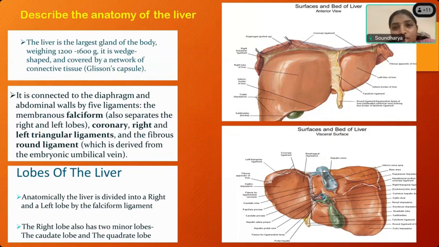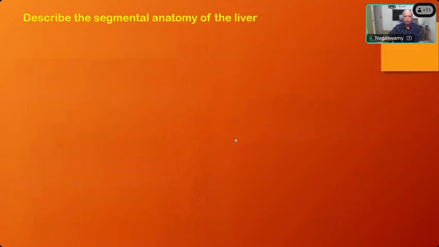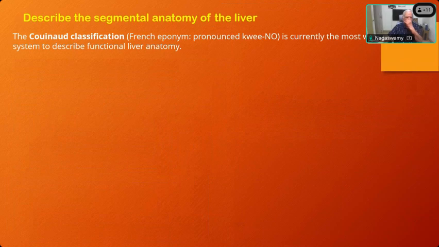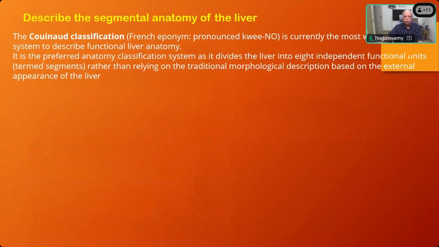Left lobe, sir. Usually it is easy to take the left lobe, part of the left lobe. Okay, so that is the reason why we must know some knowledge about this anatomy. And the segmental anatomy is where the Couinaud classification comes, and it is the preferred anatomical classification as it divides the liver into 8 independent segments.